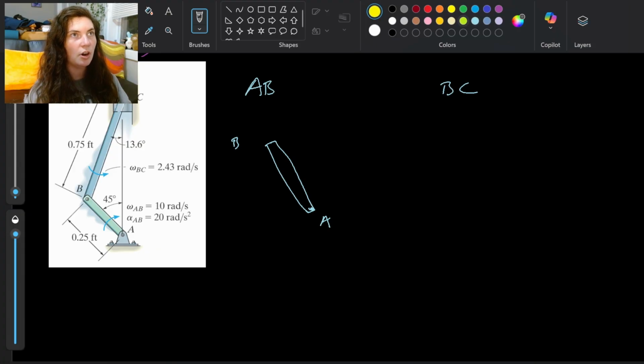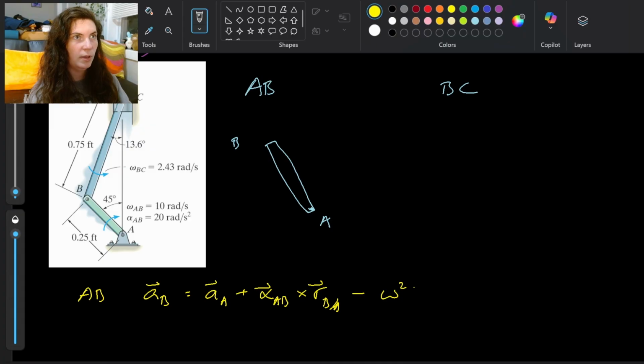Even if you started AB by saying, all right, for AB, I'm going to say a_B equals acceleration A plus alpha_AB cross r_B with respect to A minus omega squared r_B with respect to A. So even if you use this general plane form, you would find there's no acceleration at A because A is fixed.